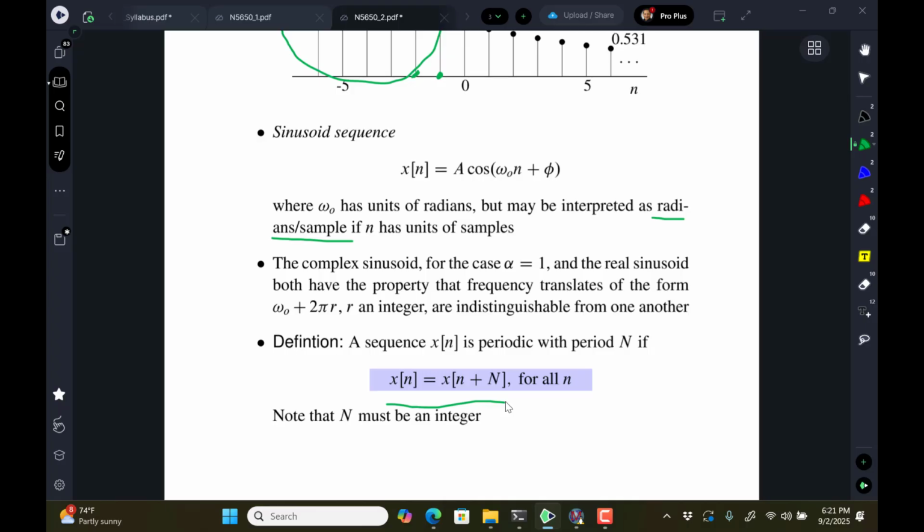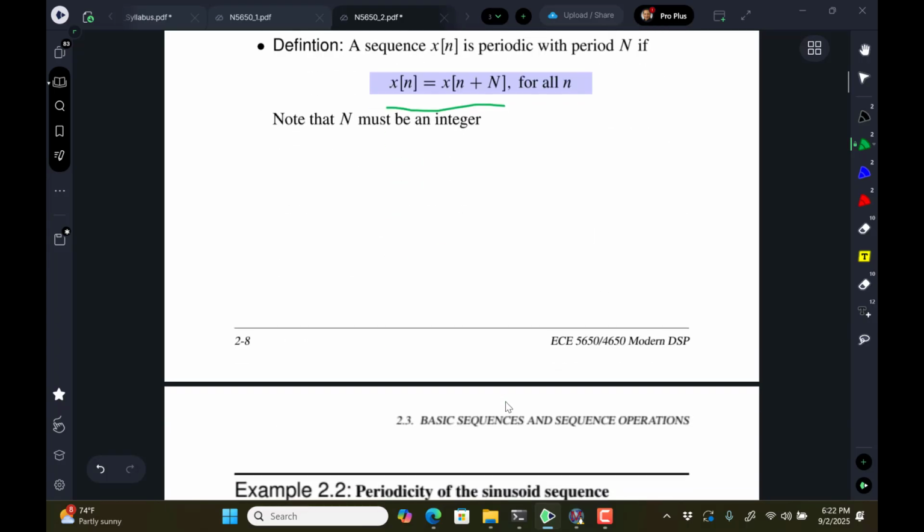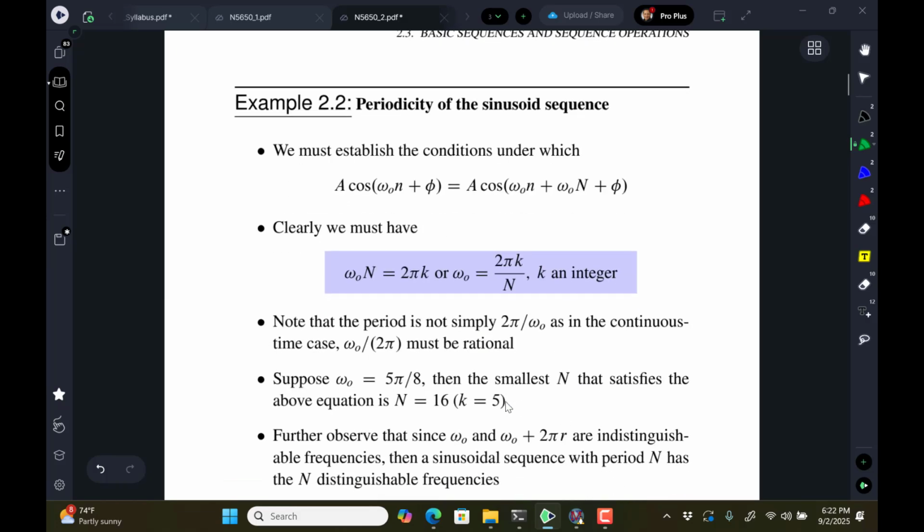But it's really convenient to think about how you can even have a periodic sinusoidal sequence. You have to have a property hold, and that property is talked about here. How do we get a periodic sinusoidal sequence? We ask what value of N we can throw in over here that makes this equality hold. Well, cosine is a mod 2 pi function, so omega naught N must be some multiple of 2 pi.